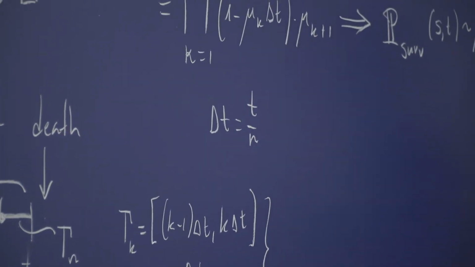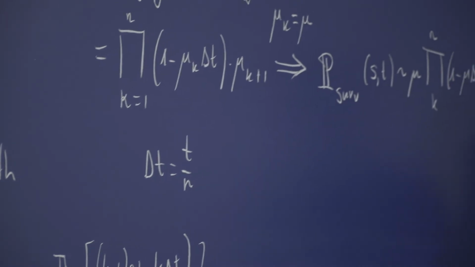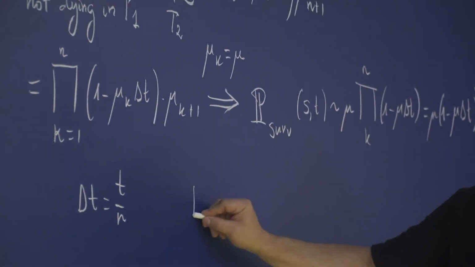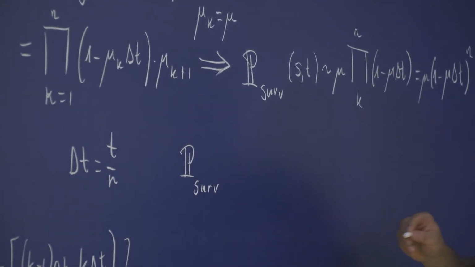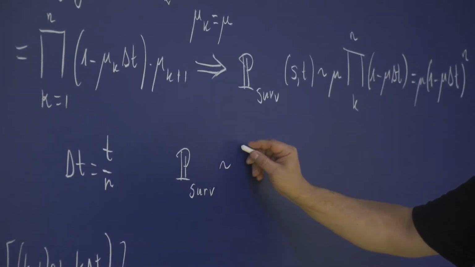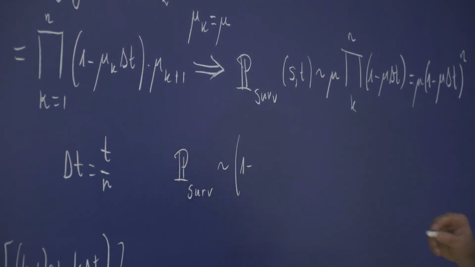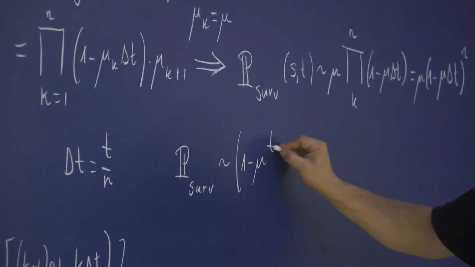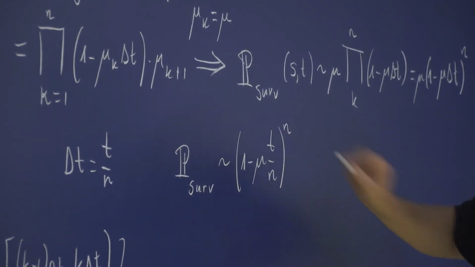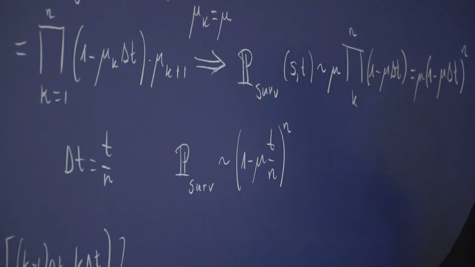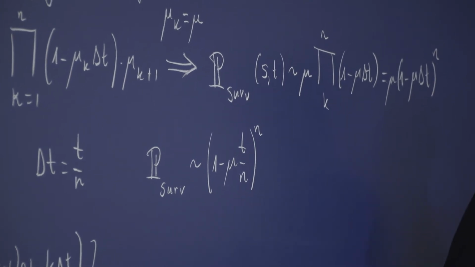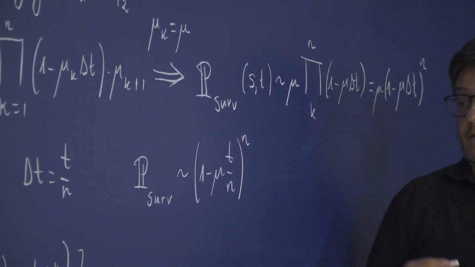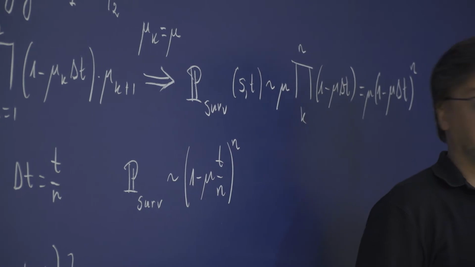So if I put this into this expression, probability of survival will take the form 1 minus mu t over n. I use that because it's up to constant factors that I don't care about. And now we can actually do the last step.